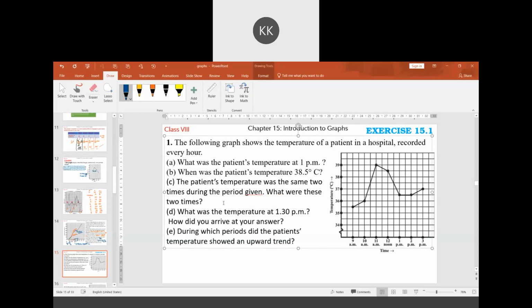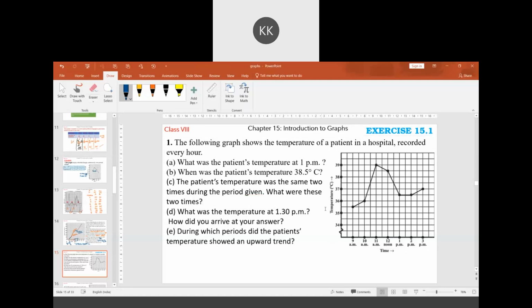What were the 2 times? What was the temperature at 1:30 p.m.? How did you arrive at your answer? During which period did the patient's temperature show an upward trend?